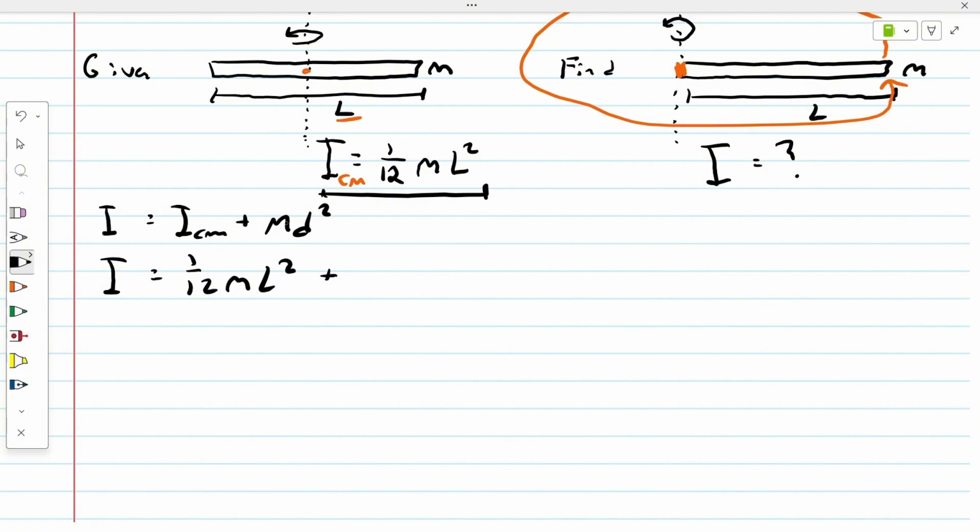Now this big M is just the mass of the rod, so we can just plug in M, since we said it's a rod of mass M. And this distance is the distance from its center of mass that it's rotating around. And so right here is the center of mass, so this is the distance we want to look at from here to here. And that's simply just going to be 1/2 the length of L. Like this. And so now we have all of these variables in terms of each other, so we can go ahead and start simplifying this rotational inertia.